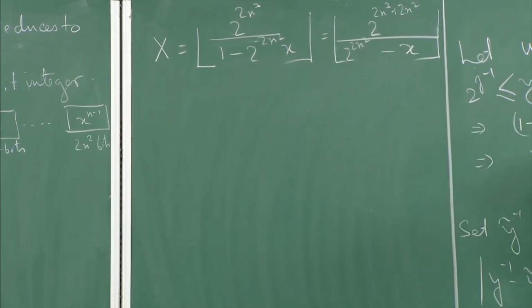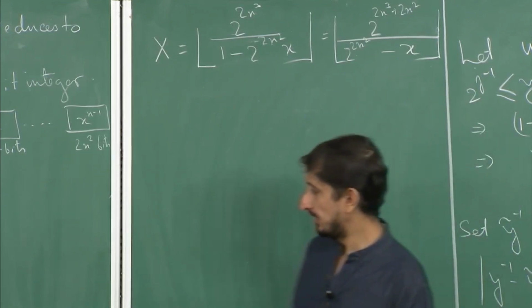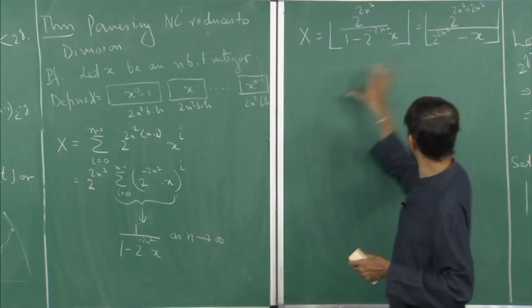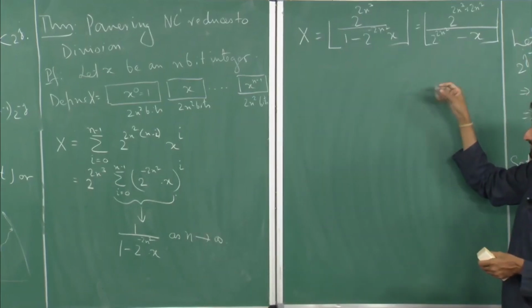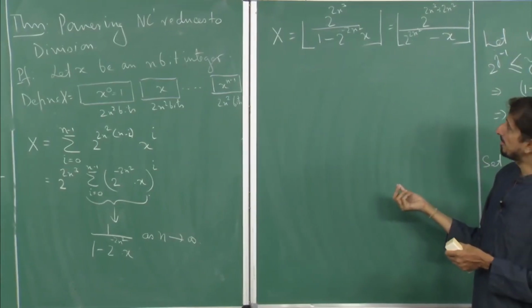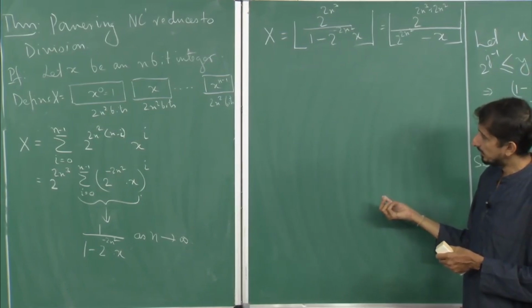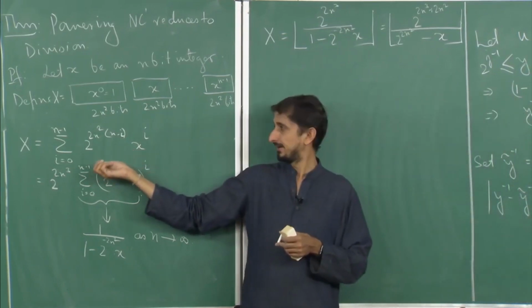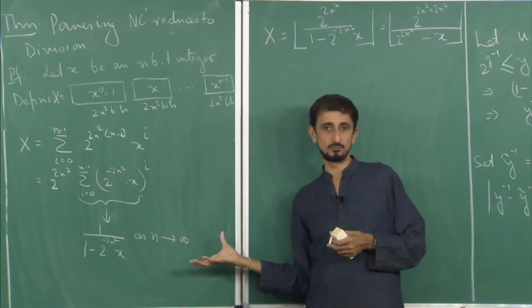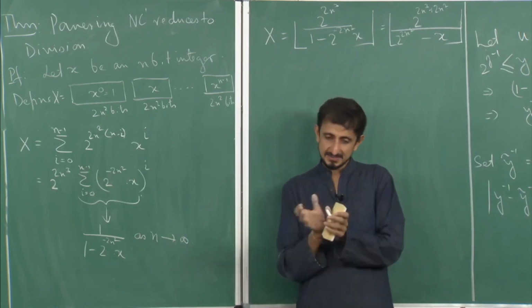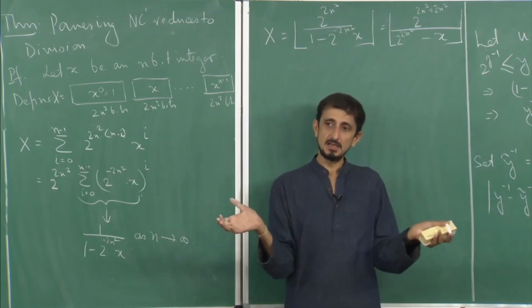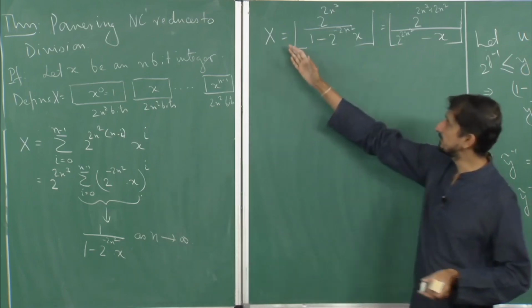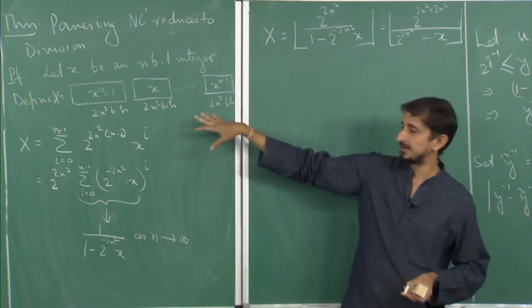Observe that the quantity I am computing here is greater than the actual value of x, because I am taking some additional terms. But those additional terms are not contributing much, because x ultimately is an integer.